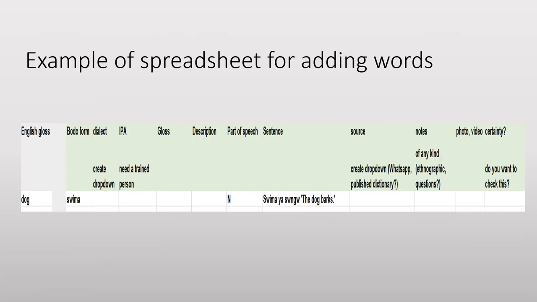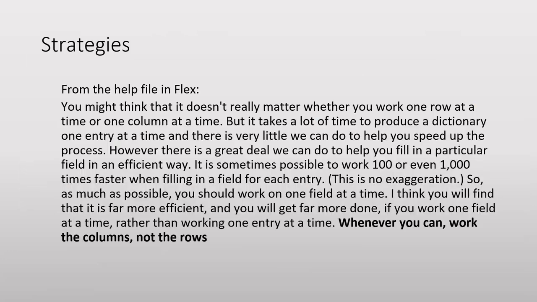Going through and checking that the sentences are all there would be helpful. What is the source? So go column by column. And this is for the checking aspect of it. When you're checking, try to do it column by column rather than going row by row. It just apparently just goes much faster. People who have experience are saying here that it can go 100 to even 1,000 times faster when you're going column by column to check rather than row by row.